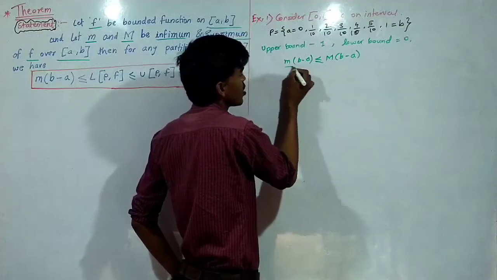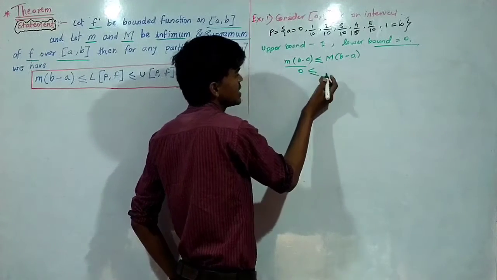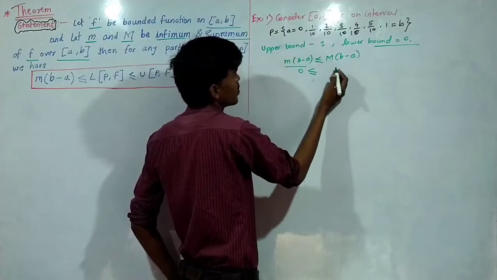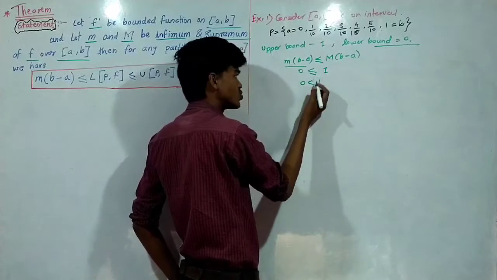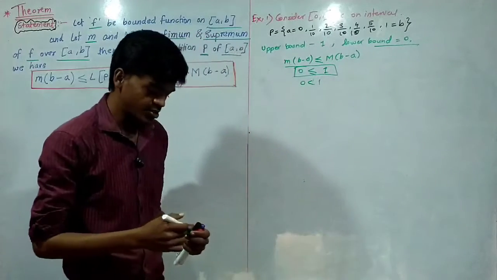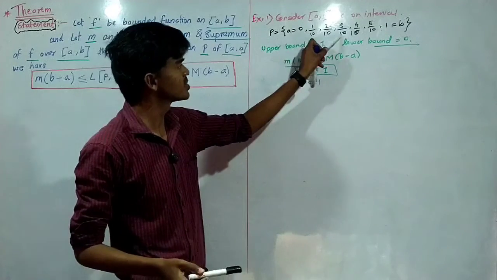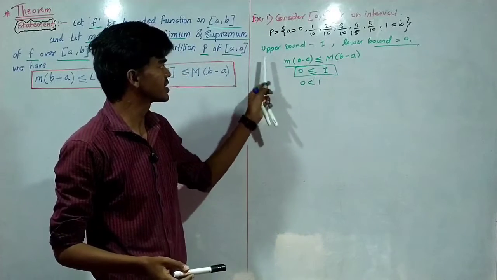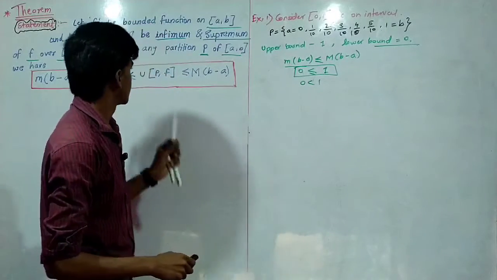That is, small m, our lower bound, which is 0, is less than or equal to the upper bound, which is 1. We know that 0 is always less than 1, so this condition is satisfied. Now we need to check the lower sum and upper sum of this given interval.